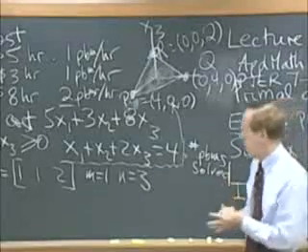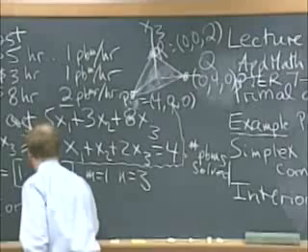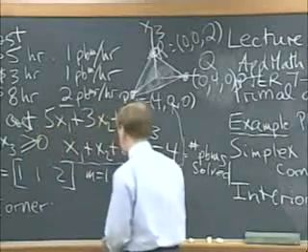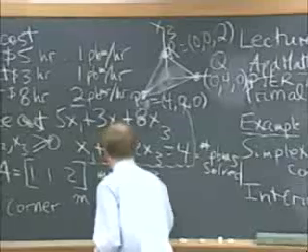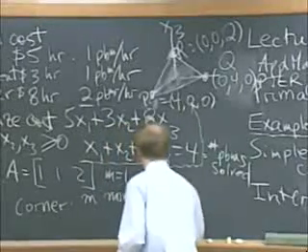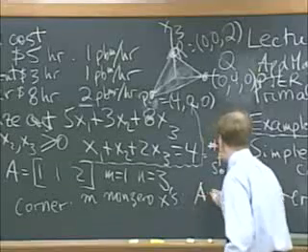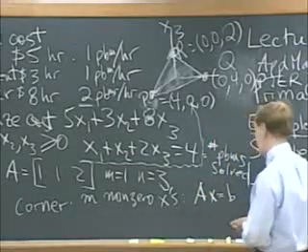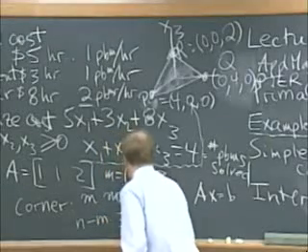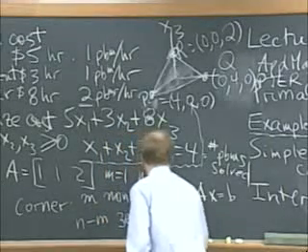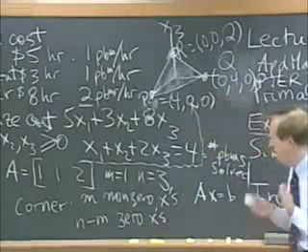So a corner, let me say what a corner is. A corner is, I have m non-zero x's, and that gives me enough to solve the m equations Ax equal b. And the n minus m zero x's, because I'm at a corner.